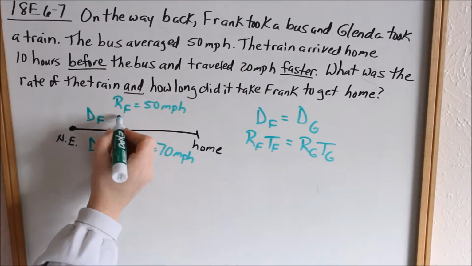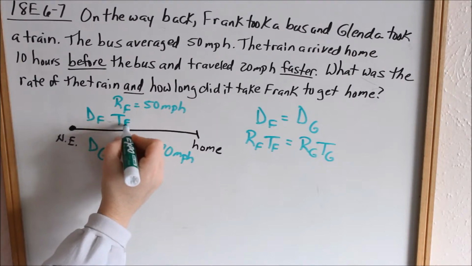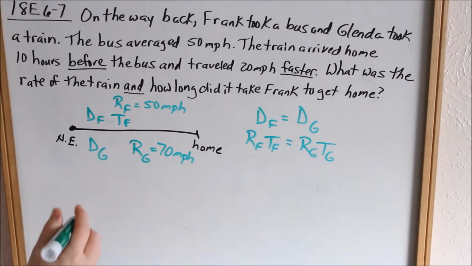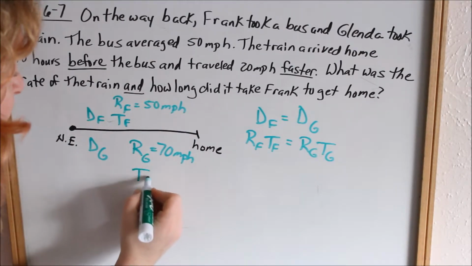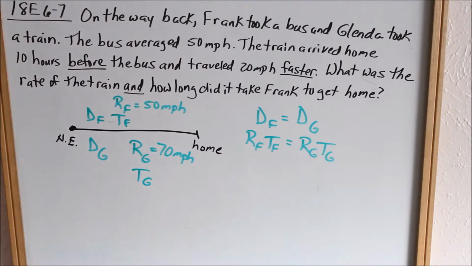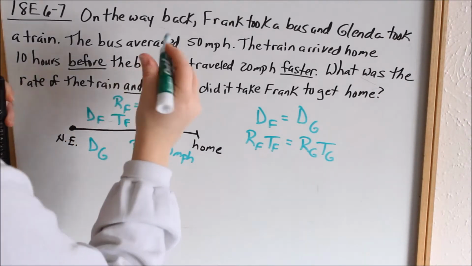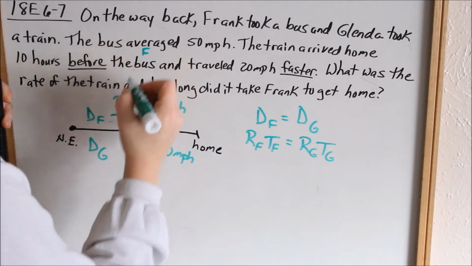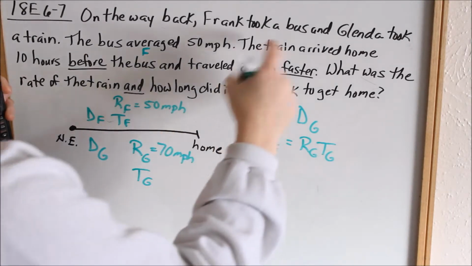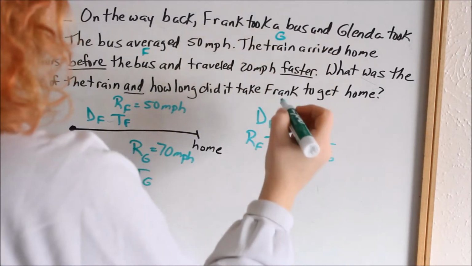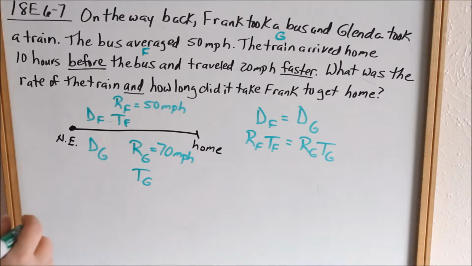Okay, so right now we don't know Frank's time and we don't know Glenda's time. I probably should have used bus and train for all my subscripts, but okay. So I'm using Frank and Glenda instead of bus and train. So here I'm going to write this. So the bus, which is Frank, and then the train, which is Glenda. Okay, that'll help us.